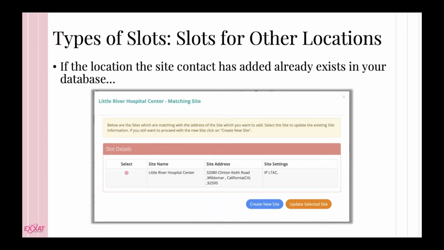So the system just does a check to make sure that there's nothing that already exists. And in this case, we've got an example of where it does already exist in the system. And you can either create a new site or you can update the selected site. When you update the selected site, it takes you to a page where you can update the information about the site.